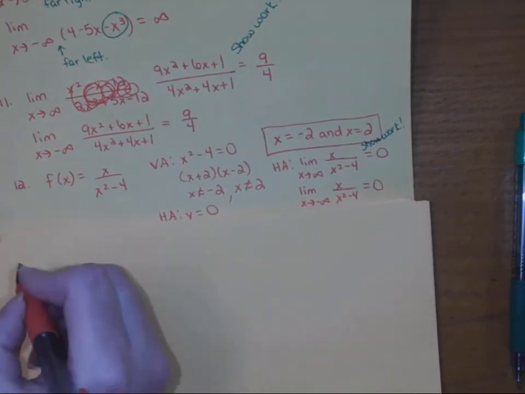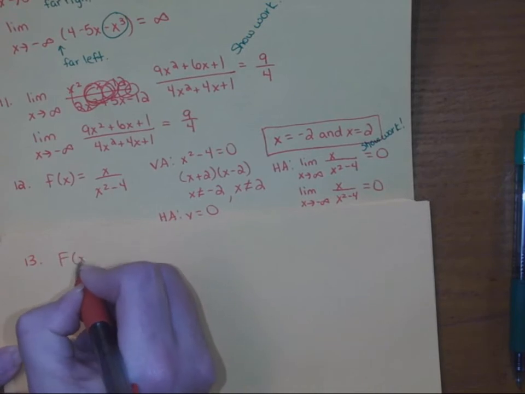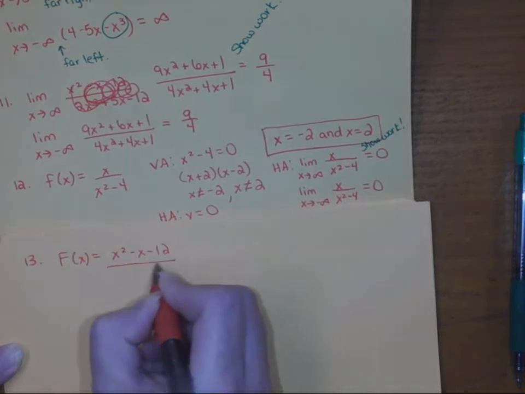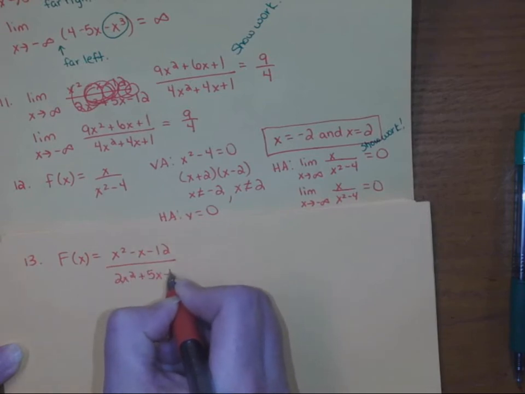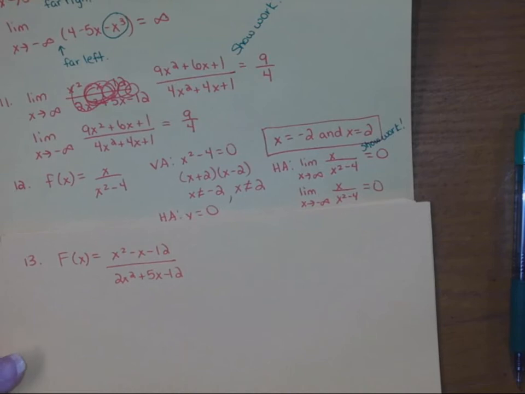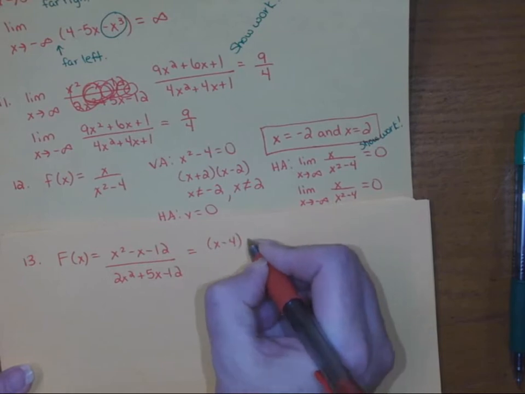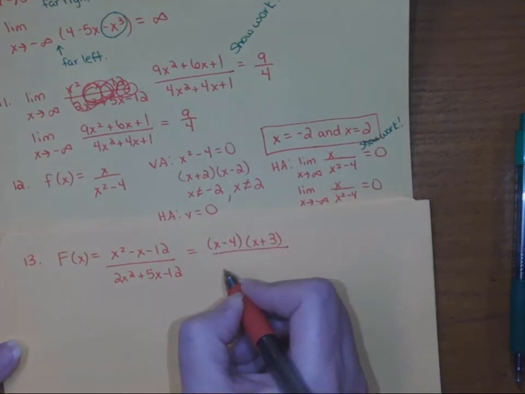Okay, so let's look at number 13. f of x equals x squared minus x minus 12 over 2x squared plus 5x minus 12. You would need to factor both top and bottom just to make sure there were no simplifications that could be made. The top factors into this, right?